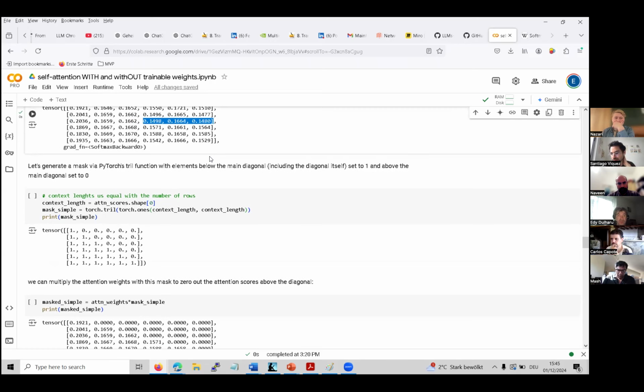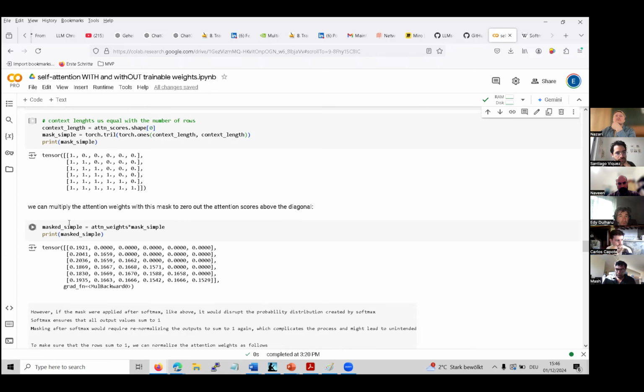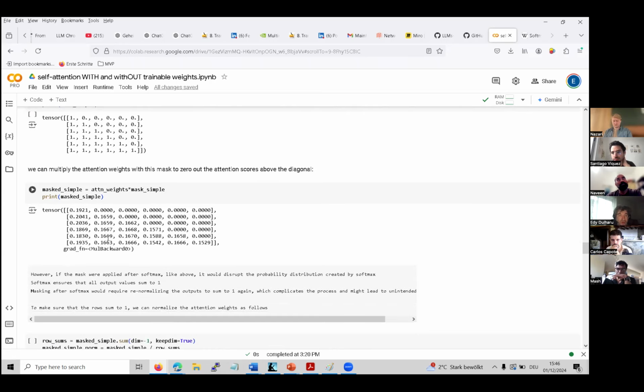The first approach was to use this trill function, which basically cancels out all the attention scores which are above the diagonal, by multiplication of the attention weights with a matrix which is created by this function, and of course we cancel out all the values above the diagonal.